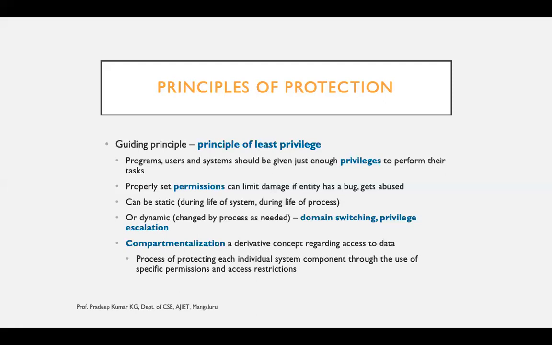Then we have something called compartmentalization. Compartmentalization is related to access to the data. Here, an individual system component can be given specific permissions and access restrictions. For example, consider a particular application, say VLC media player.